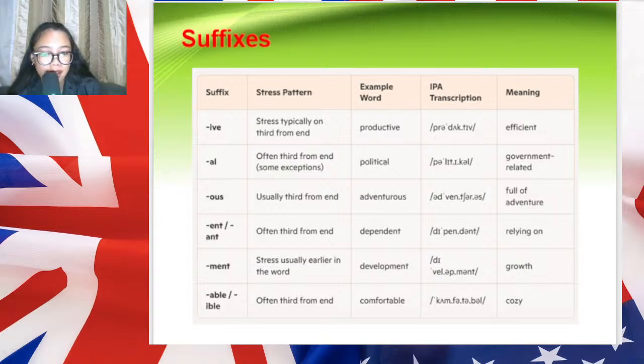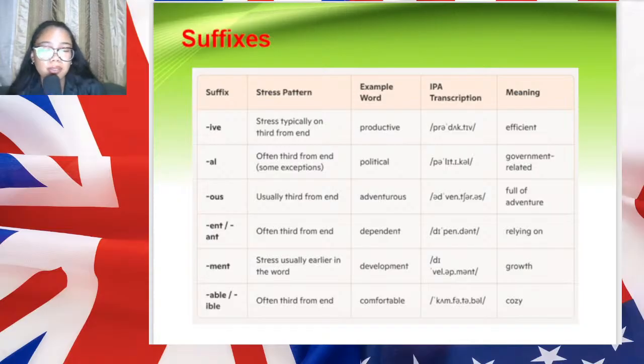Say for example, productive. You'll notice that the stress is on duc, the third syllable from the end. That's because words ending in -ive tend to push the stress slightly earlier in the word. So we say productive, not productive or productive. It's in the middle.